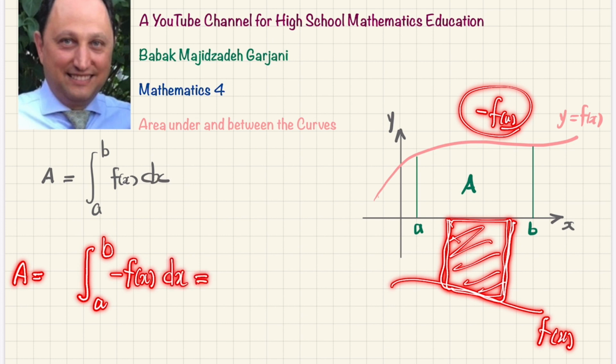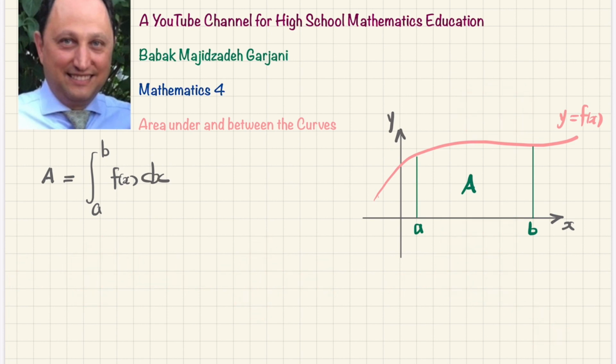But we learned last time that a number can be pulled out from this integral, so it becomes this. So it means that now you really understand why this minus sign comes in. Okay, so you can remember it in this way.